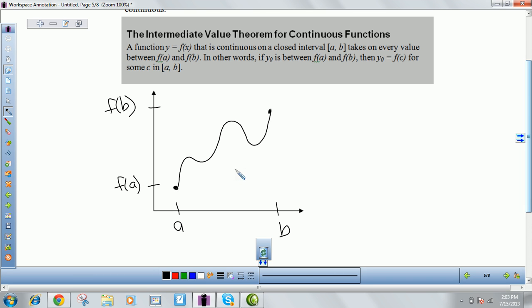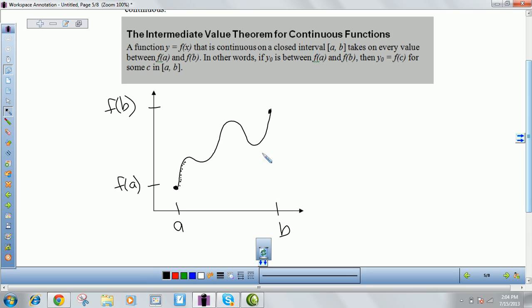Anyway, what this says is you have a function that's drawn here. It's continuous on a closed interval. So you notice I was able to draw that without picking up my pencil at any single point. And it takes on every value between f of a and f of b. So every single y value here is accounted for on this graph. Some of them more than once, and that's fine.